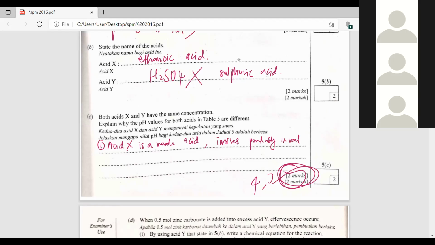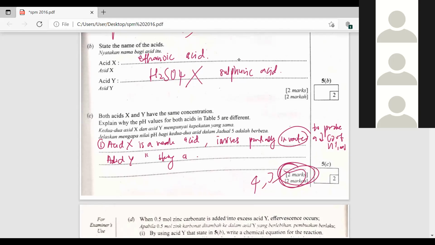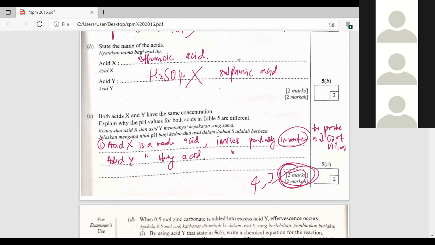If you don't have the words in water, no marks. To produce a low concentration of hydrogen ions. Then acid Y is a strong acid, and it ionizes completely in water to produce a high concentration of hydrogen ions.